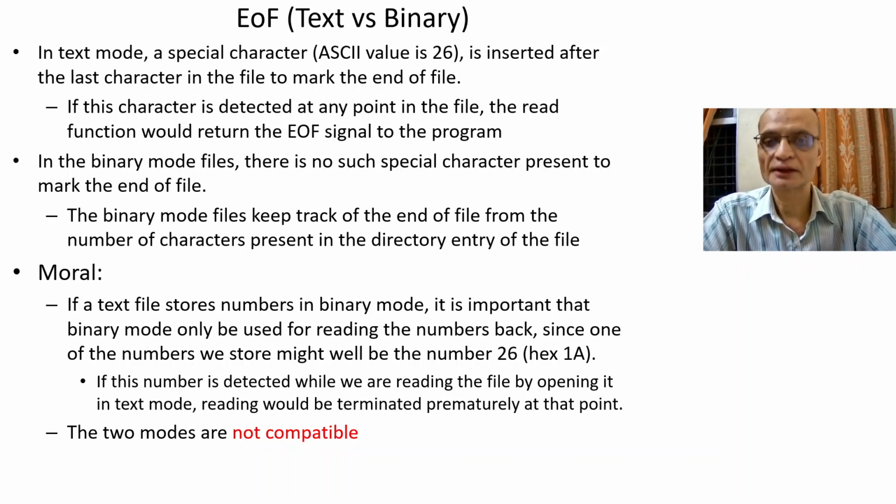If this value gets detected while you are reading the file in text mode, you get a premature end of file situation, and it's going to terminate the reading. So these two modes are not compatible. That's the moral of the story.